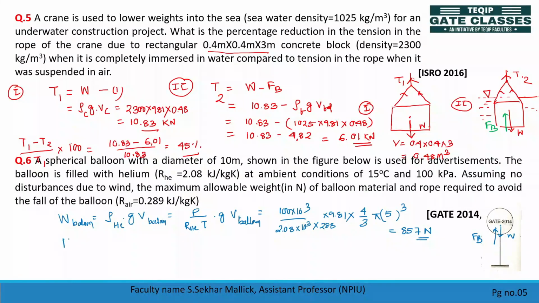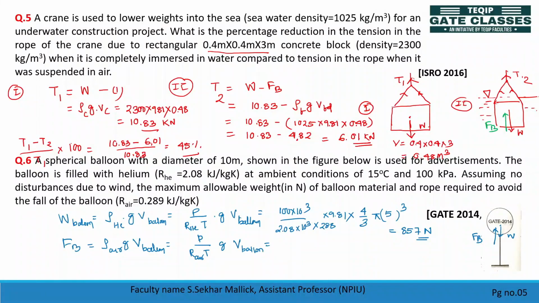What is buoyant force then? For floating condition, buoyant force must be greater than weight, otherwise it will fall. So what is buoyant force then? Buoyant force is rho times weight of fluid displaced. So rho of fluid is rho of air, g, and volume of balloon. So rho of air is P by R of air into T, g, volume of balloon. Pv equal to RT, so P by rho equal to RT, so rho equal to P by RT.